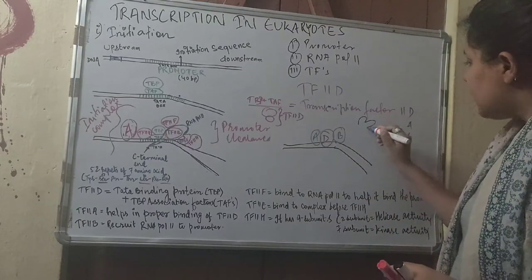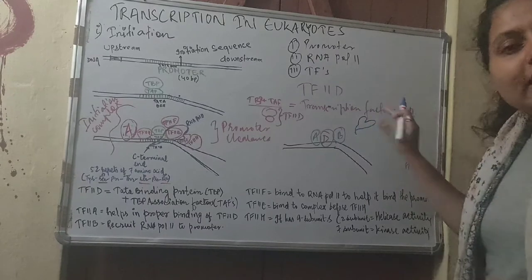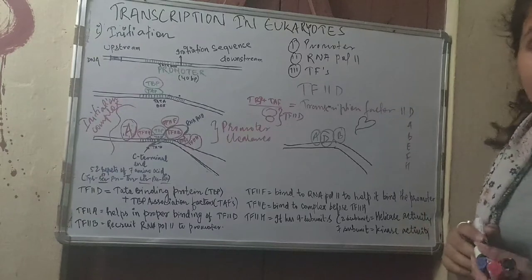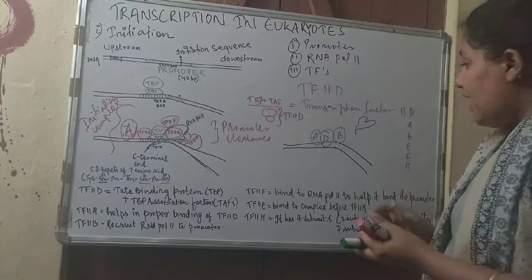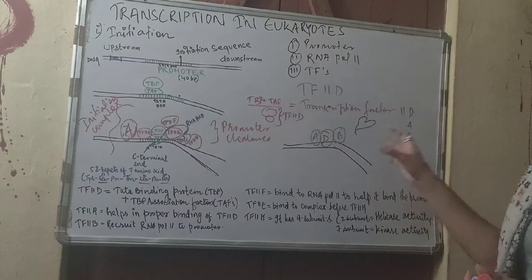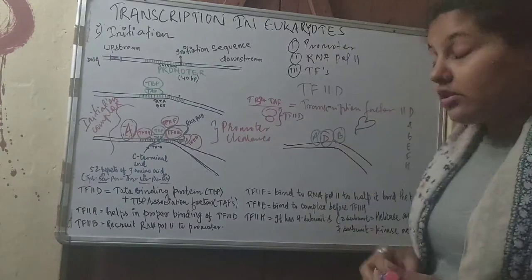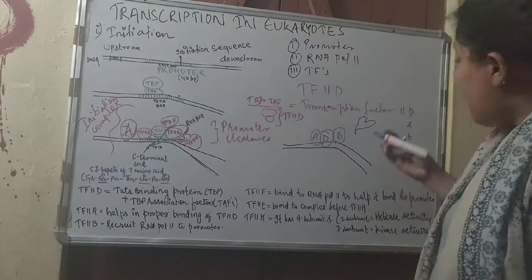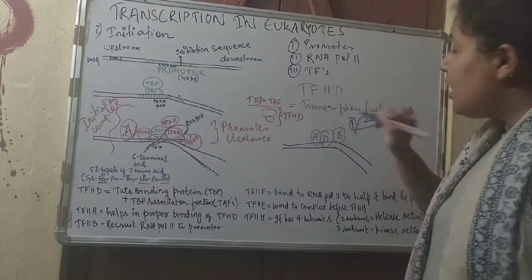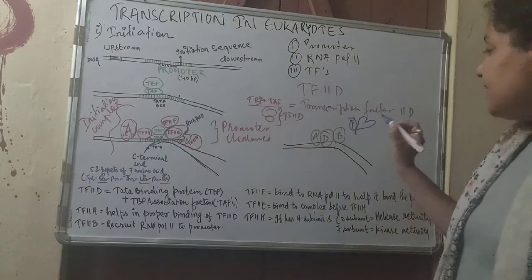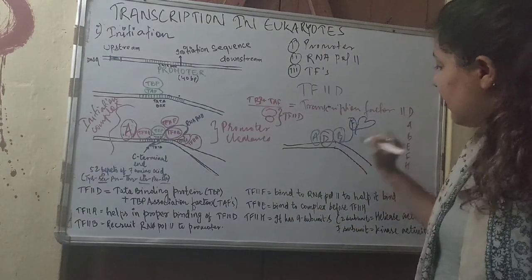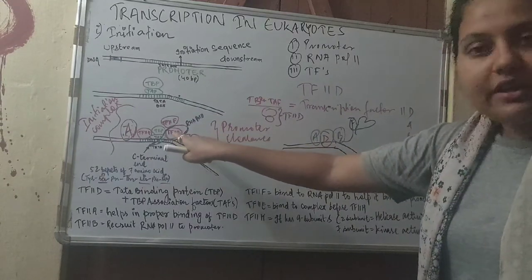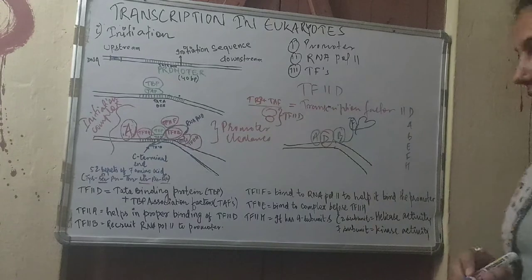RNA polymerase is somewhere here. It will signal the RNA polymerase to come. And as B signals the RNA polymerase to come and sit at the promoter, transcription factor F will bind with RNA polymerase 2, and this F will bring it here. See, after it is brought by F, it is placed over here like in this diagram.